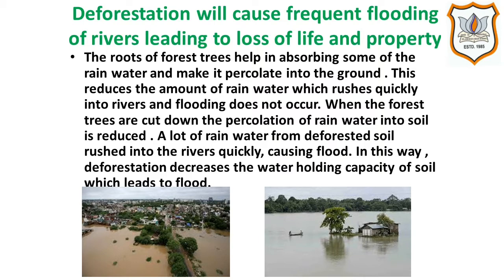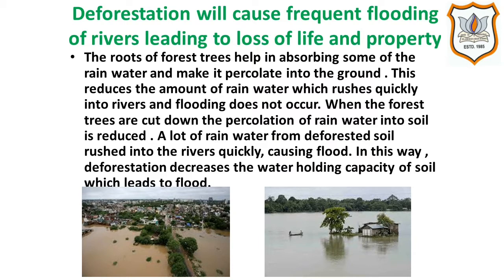When the forest trees, it means forest plants, are cut down, the percolation of rainwater into soil is reduced. A lot of rainwater from deforested soil rushes into the rivers quickly, causing floods. In this way, deforestation decreases the water holding capacity of soil, which leads to flood.